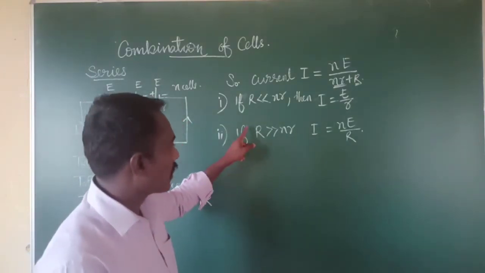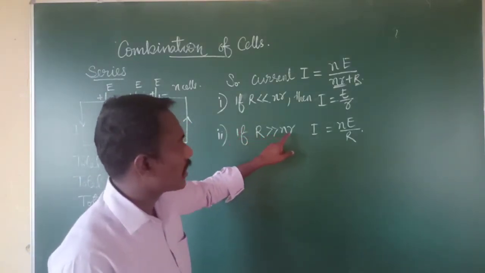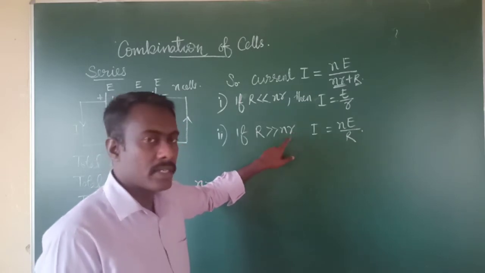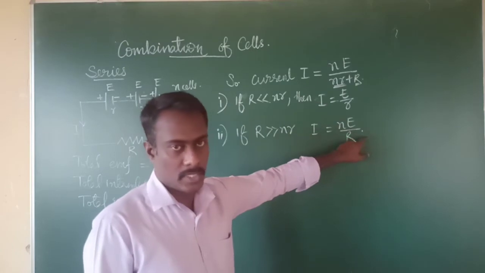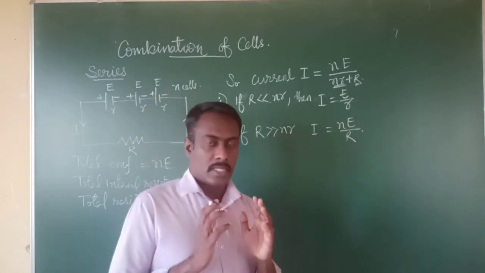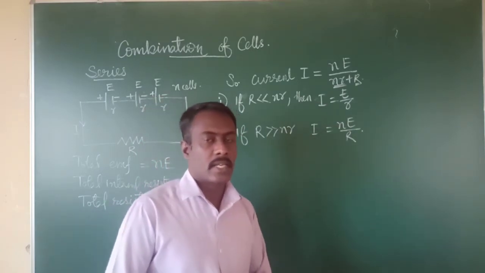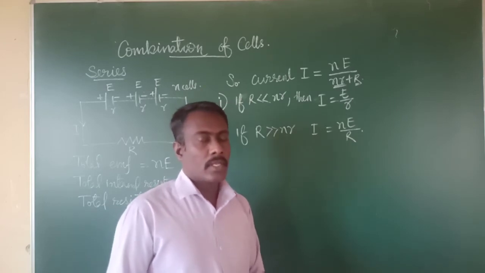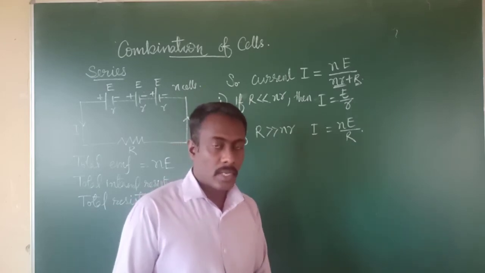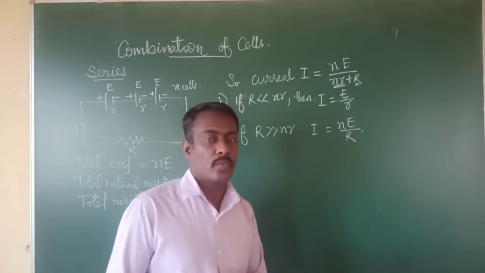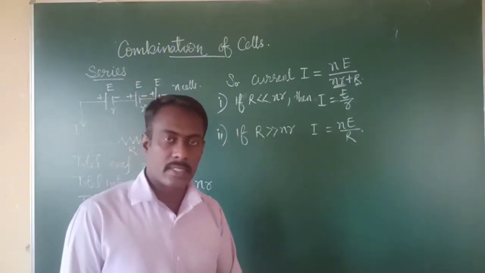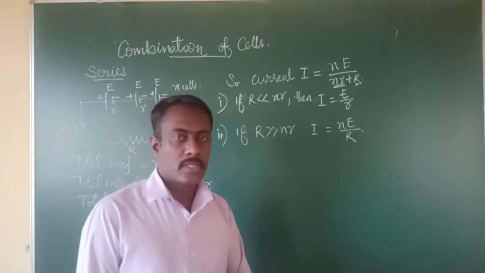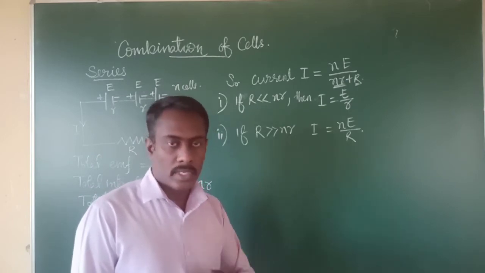Here, in the second equation, if R is much greater than the total internal resistance of the circuit, then the value of current will be maximum. When a number of cells are connected serially, the maximum current will be flowing through the circuit when the external resistance is much greater than the total internal resistance of the cells.